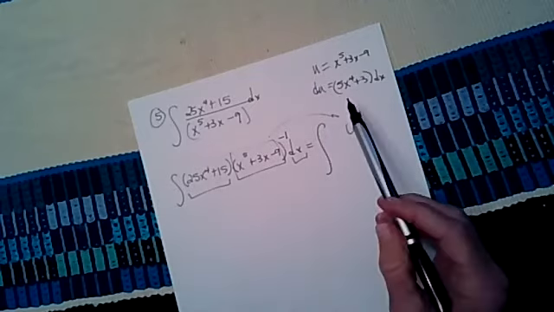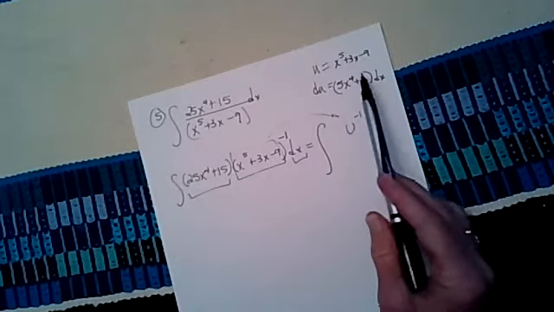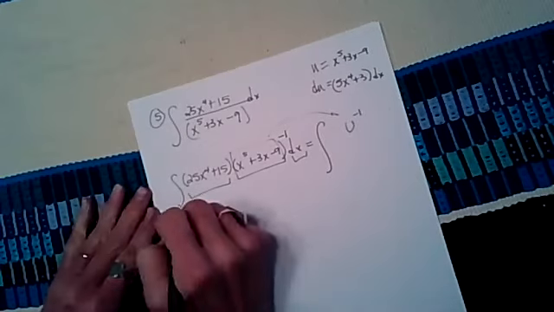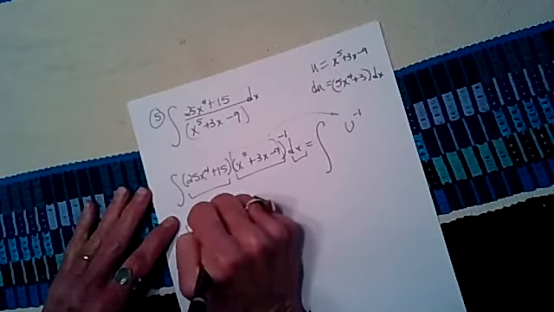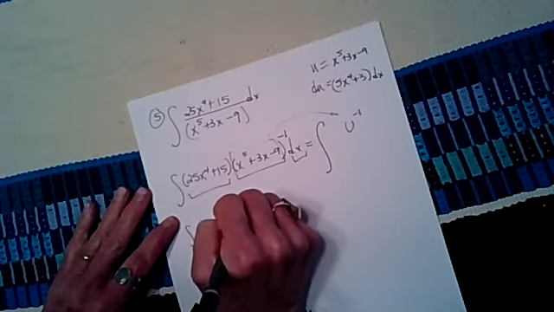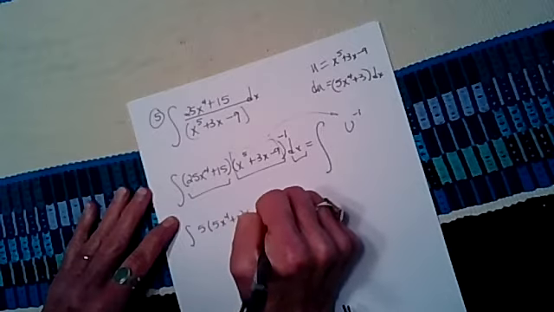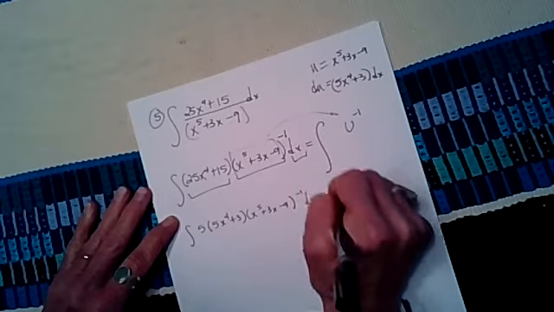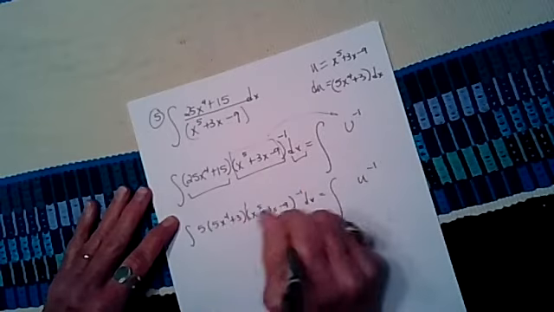What would you multiply 5 by to get 25, right? If you multiply this whole thing by 5, you get this right here. So let's just factor out a 5 there. And let's say I already brought my u to the -1 over.